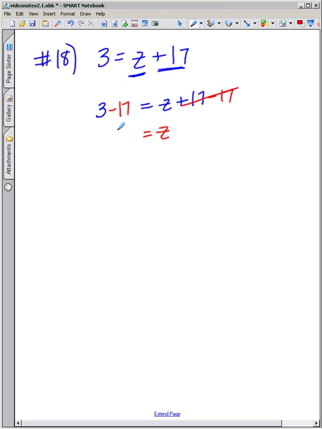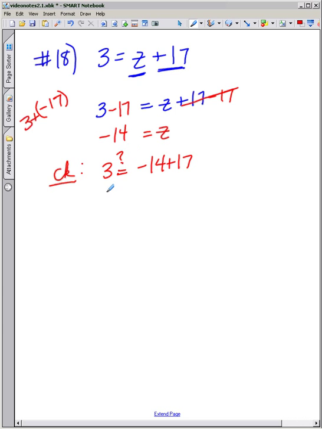Now here you have to remember all the rules about adding and subtracting signed numbers. Remember that 3 minus 17 is really the same thing as 3 plus the opposite of 17. So we're adding a positive and a negative number together. So we subtract and take the sign of the larger, which would be negative 14. Now if we check, 3, is that equal to negative 14 plus 17?